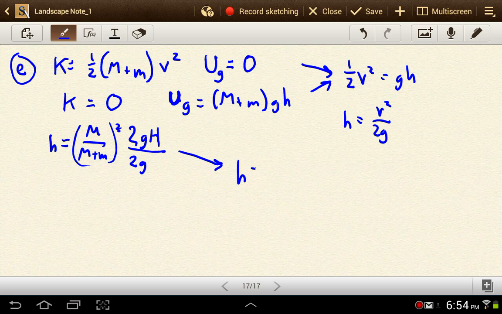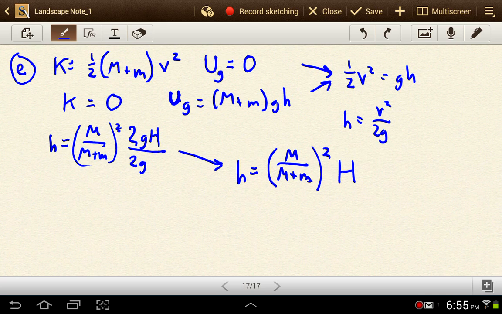Little h equals this dimensionless parameter involving masses: big M over big M plus little m, take the whole thing and square it, and then multiply by big H. So it gets you this semi-sensible result that little h scales with big H, and also the ratio of the masses matters.